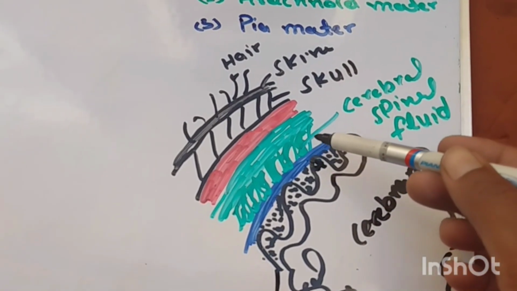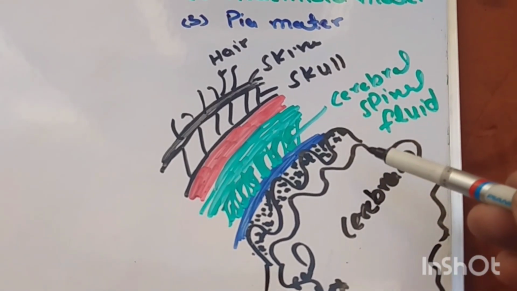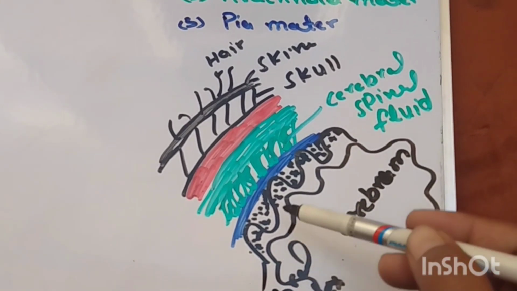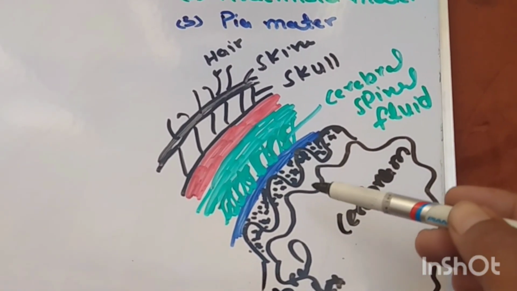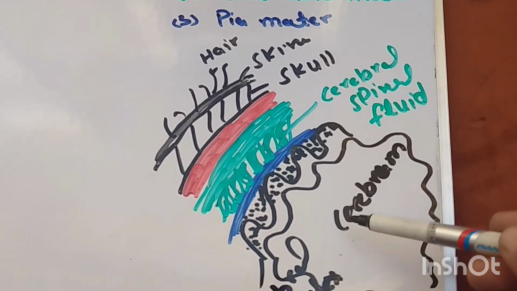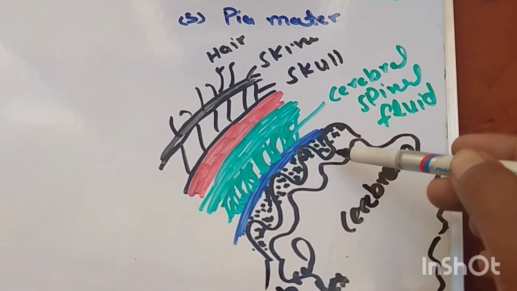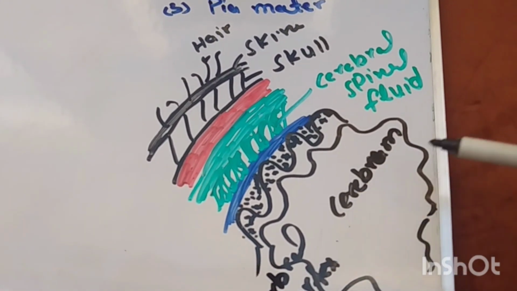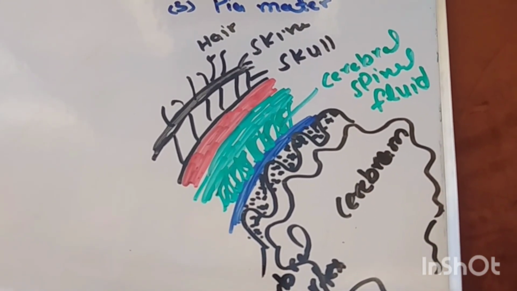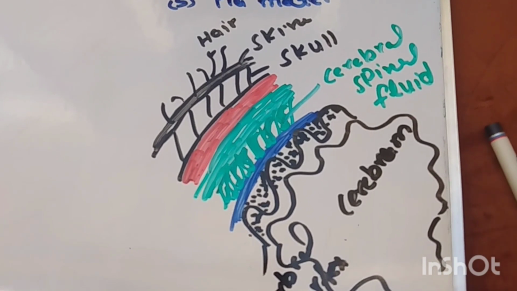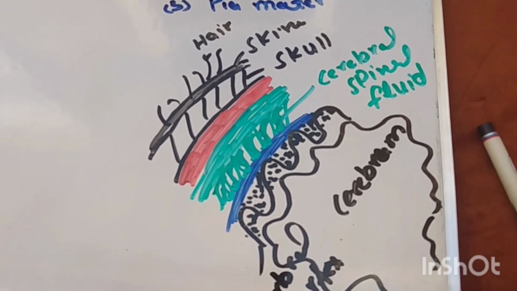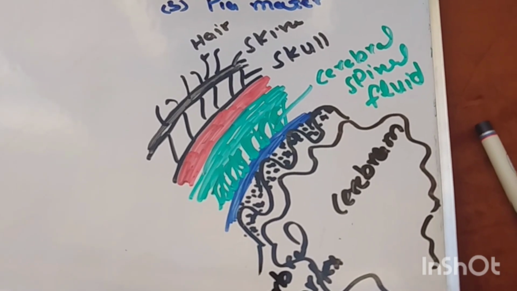Arachnoid mater contains the cerebrospinal fluid, and beneath the pia mater is the cerebral cortex. Cerebral cortex consists of millions of nerve cell bodies. Beneath the cerebral cortex, the cerebrum starts. Cerebrum consists of gray matter and white matter.